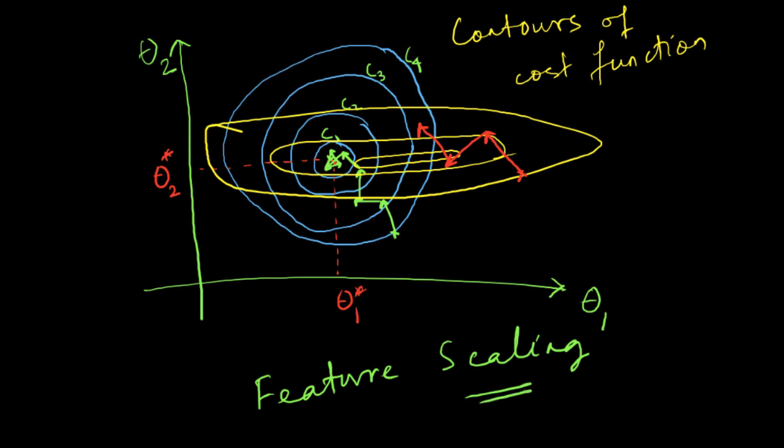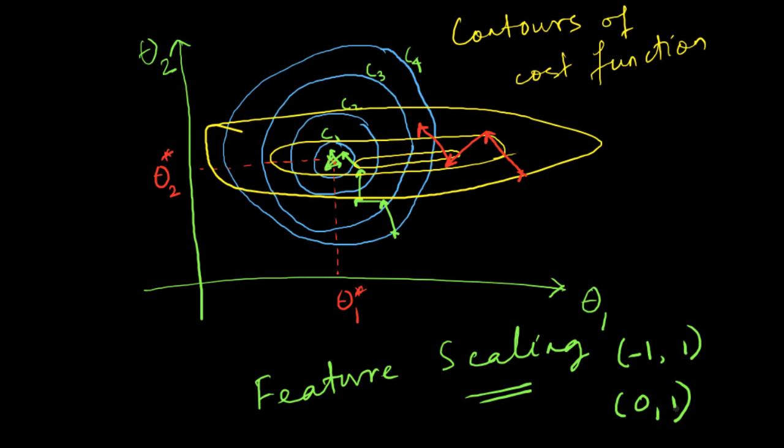So in machine learning, you take these features, theta 1, theta 2, theta 3, and whatever number of features you may have, and you generally scale them to between -1 to 1 or between 0 to 1, so that they have a similar dimension, and so your gradient descent becomes practically feasible, because if your features have very different scale lengths, then your gradient descent will not work very well.